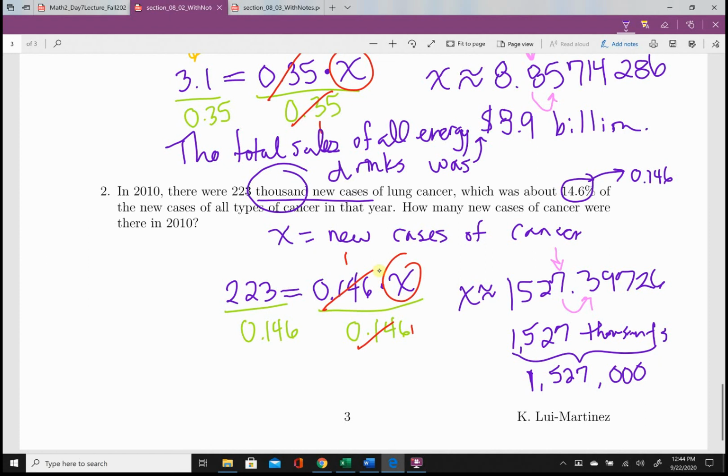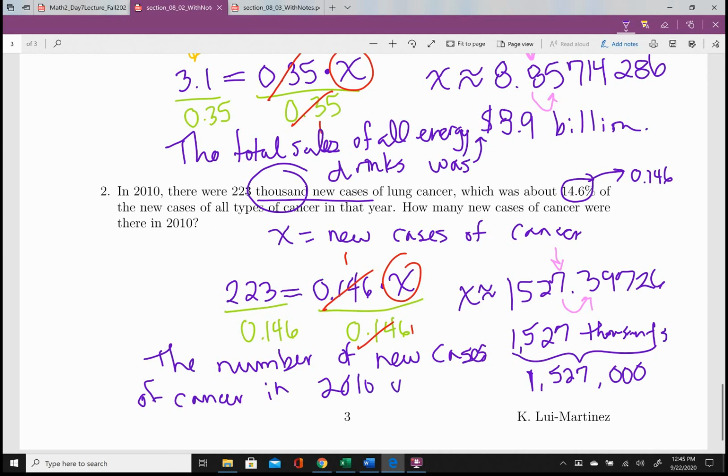So we'll say that the number of new cases of cancer in 2010 was, we'll say, 1.527 million.